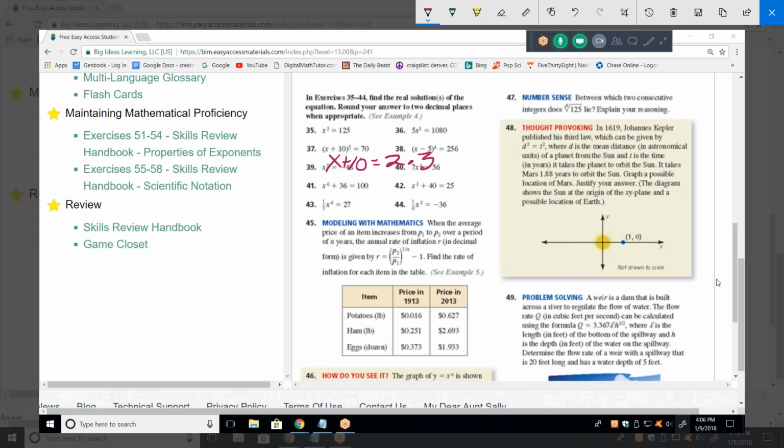It says round answer to 2 decimal places, which means you generally want to get 3 decimal places. So 2.3 what? 3 decimal places. I'll show you why in a moment. Okay.